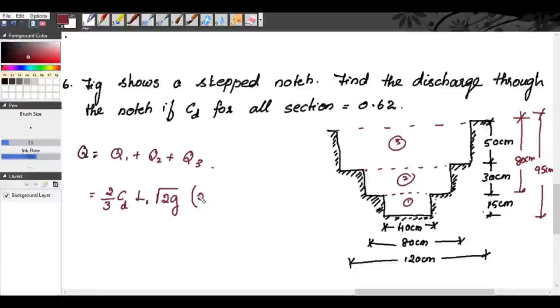We will write the formula first. The formula for rectangular notches: Q is equal to 2 by 3 CD into L into root of 2G H raised to 3 by 2. Now 2 by 3 CD into L1 into root of 2G.